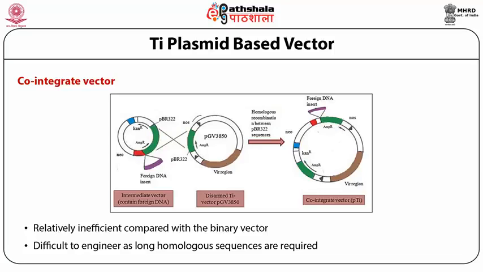In the Agrobacterial cells, the gene of interest is transferred to this disarmed Ti plasmid, which is a helper plasmid, by a homologous recombination process, because it has similar vector sequences and also the sequence of marker genes. These sequences align and homologous recombination occurs, and all these vector sequences along with the foreign DNA are transferred to the helper plasmid in between the flanking right and left borders.